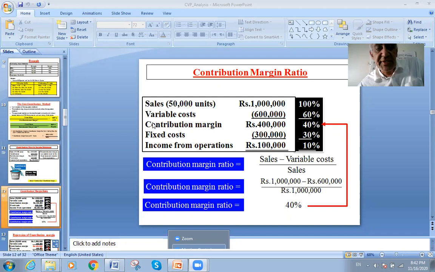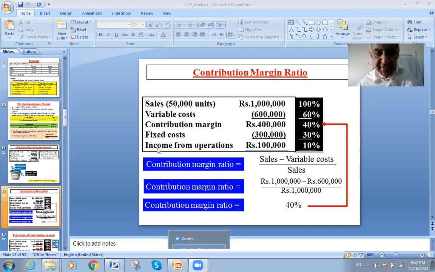then you will get the contribution margin. This is not profit margin, this is contribution, because the sales here are for the whole units, not for one unit. So this will be 1 million minus 600,000, and the contribution margin will be $400,000. The fixed costs are 300,000.